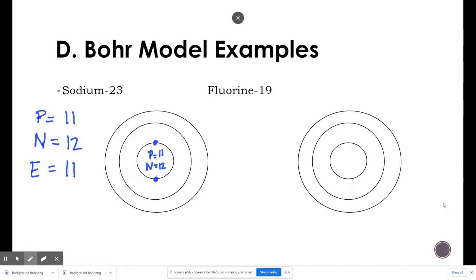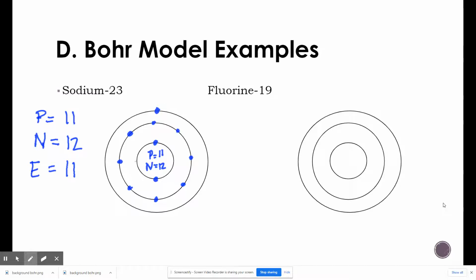On my next level, I can do up to 8. So that's 1, 2, 3, 4, 5, 6, 7, 8, 9, 10. So that's 10 placed. I need to place one more. And I'm done.